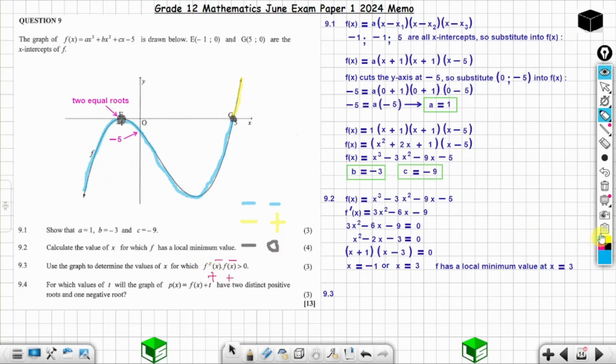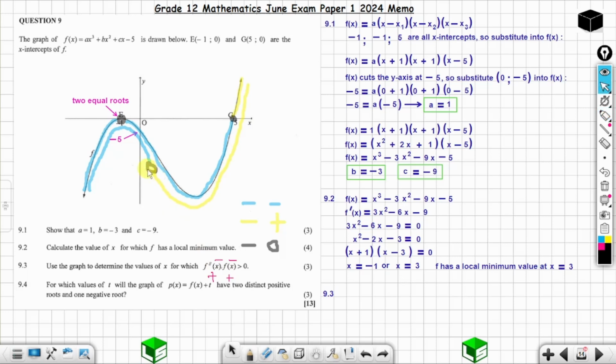F double prime is negative whenever you have concave down, and positive whenever you have concave up. And f double prime is 0 at the point of inflection.